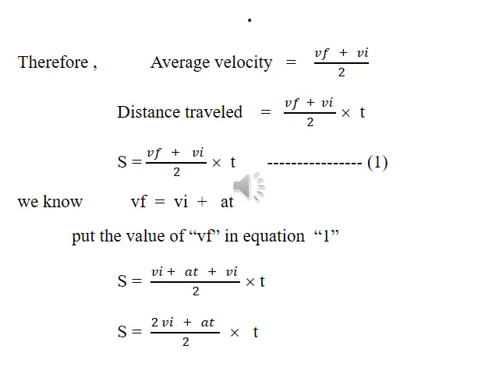So our equation should be: S equal to Vi plus At, that is the value of Vf, plus Vi, divided by 2, multiplied by t. That gives 2Vi plus At divided by 2, multiplied by t.